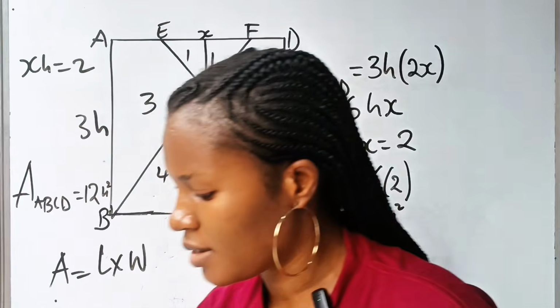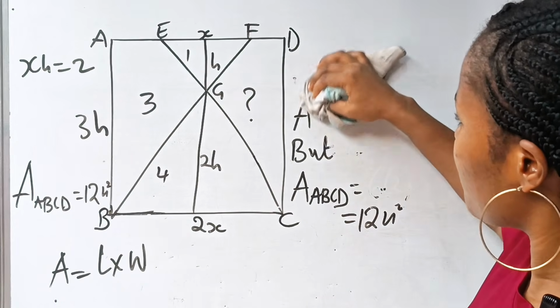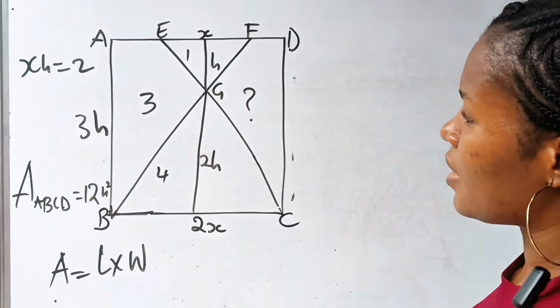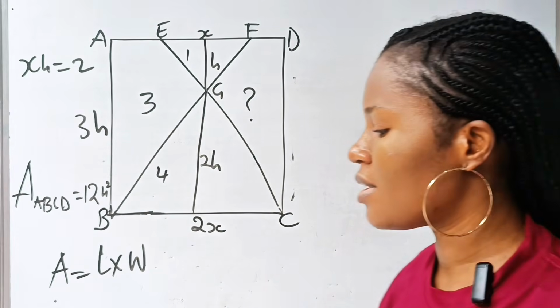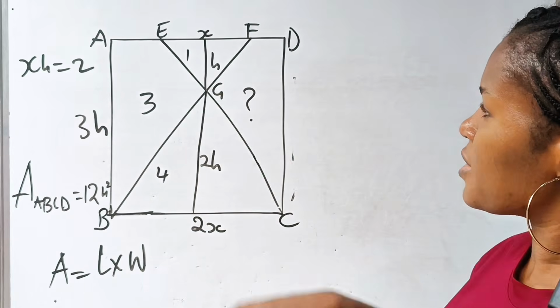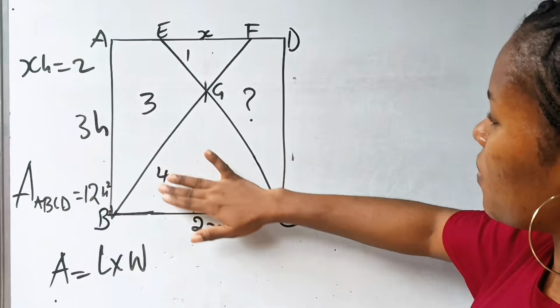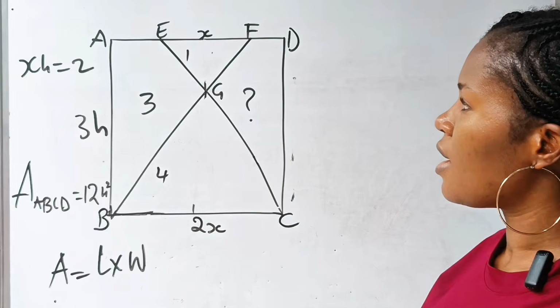So we are going to leave that and then try to find the missing area. The missing area can be found with what we have now. We already know the whole of this place is 1 and the whole of this place is 4, right?